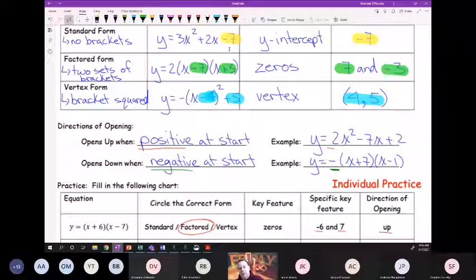Not once you're done writing down everything, which I'm sure someone has. And in the little box below, make an example of one that goes up and one that goes down.